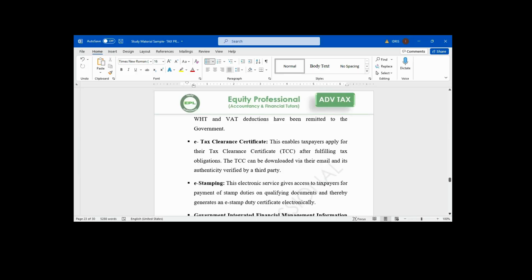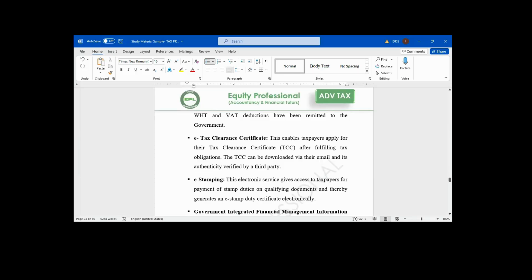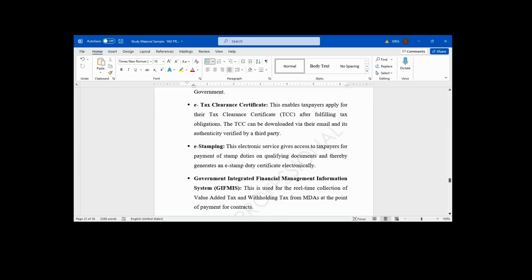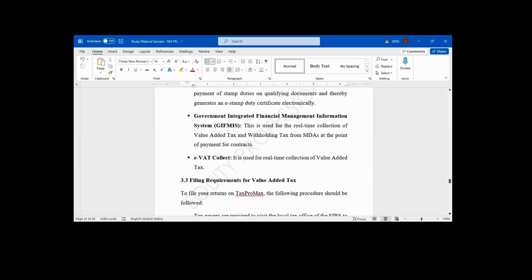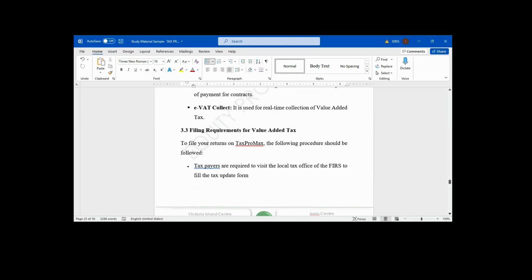E-stamping too is one of the services provided by Tax Promax. E-VAT collect is also one of the services provided by Tax Promax. These are all the services Tax Promax renders to taxpayers.